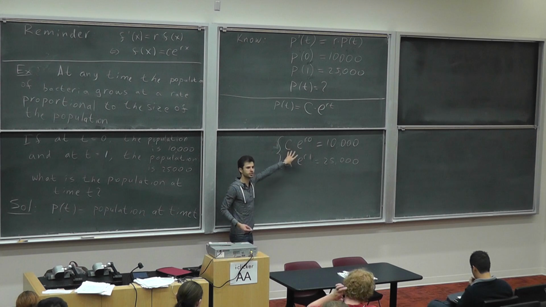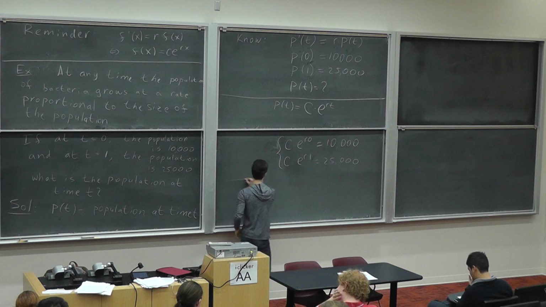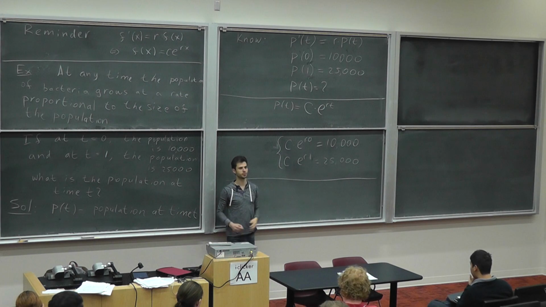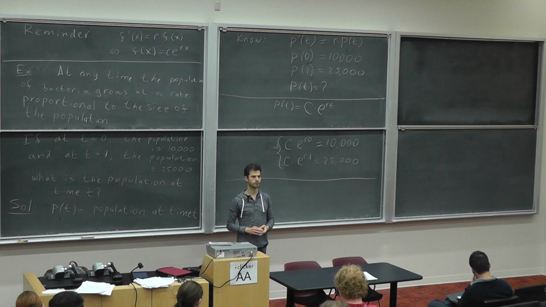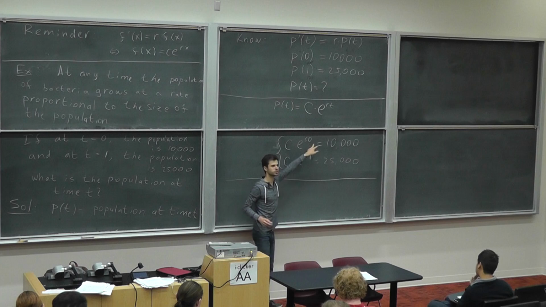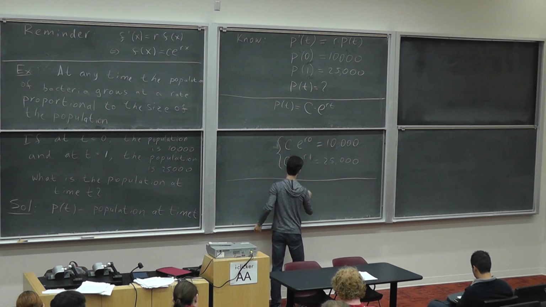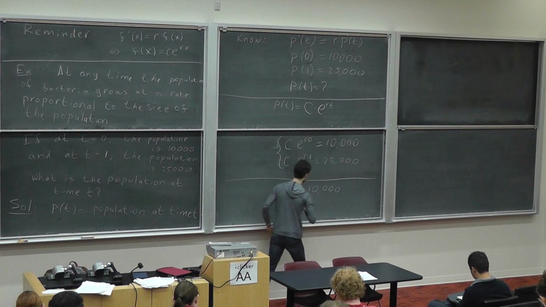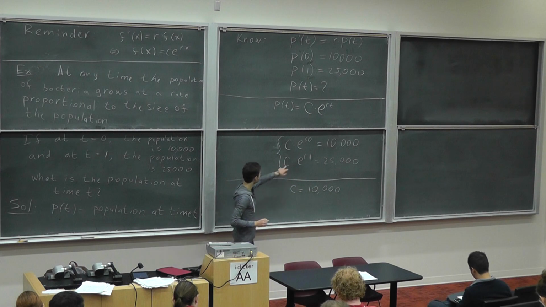Finally, let's simplify these two things. What is e to the power r times 0? 1. Yes, r times 0 is 0, and e to the power 0 is 1. So the first line tells you c is equal to 10,000.